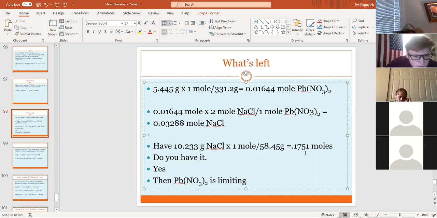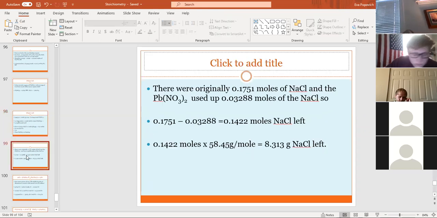The one that is less. If I didn't have enough to react with the first reagent, then the second one is going to be the limiting reagent.